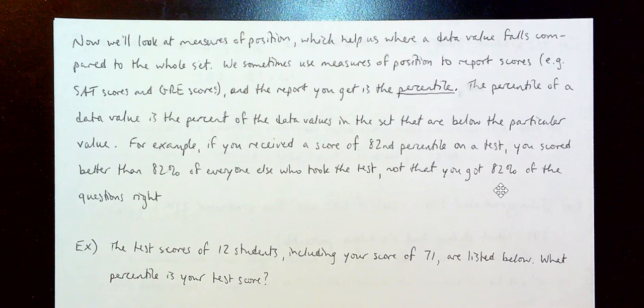The percentile of a particular data value is simply the percent of the data values in the entire set that are below that particular value.